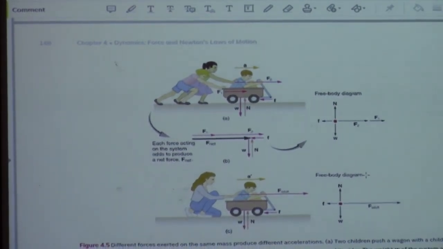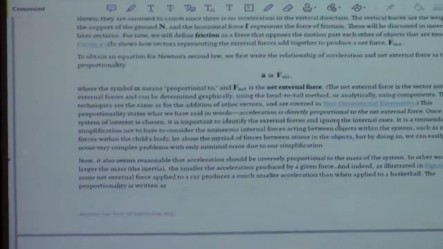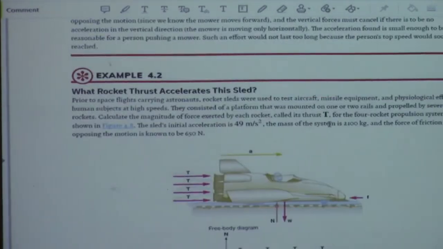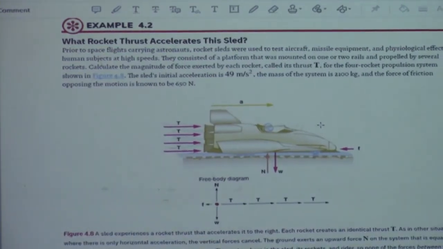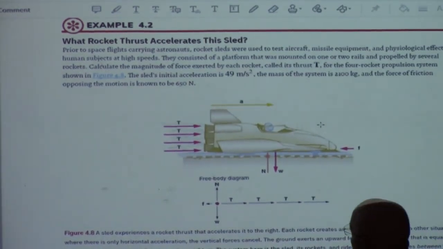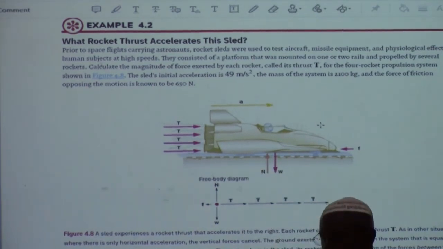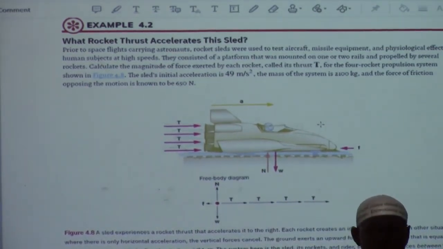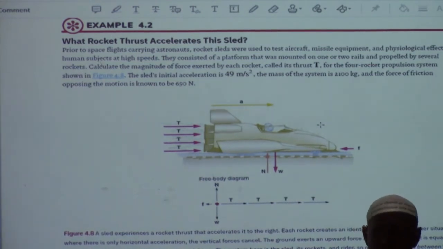Okay, well, let me go to picture 8, because I think the author did a pretty good job here of saying, hey, let's look at some more forces. This one isn't too much different, so I'll go kind of quickly, but you start off with this rocket car, and then you have to look at all the forces.